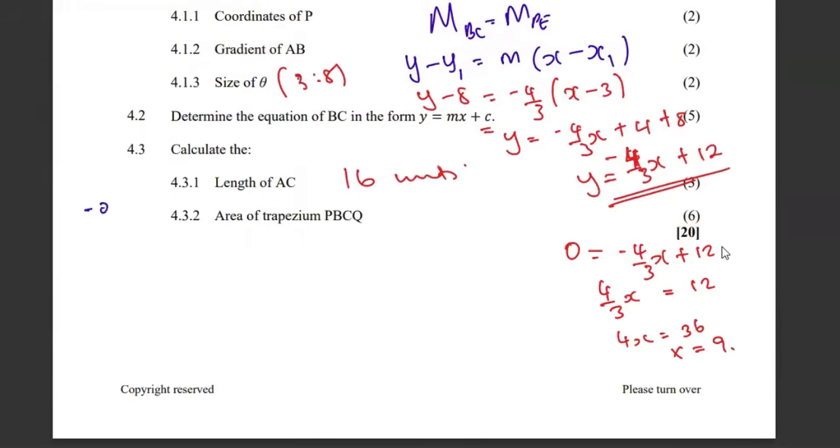We're using -2 and 4. So y minus 4 is equal to m into x minus minus, which is a plus. We open this up, it's going to be a negative 4 over 3x. This is going to be a negative 8 over 3 plus 4, which is giving me 12 minus 8, which is 4 over 3.